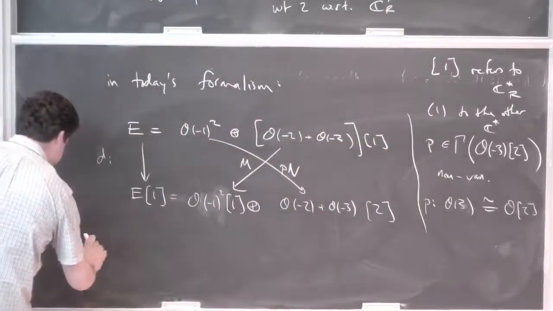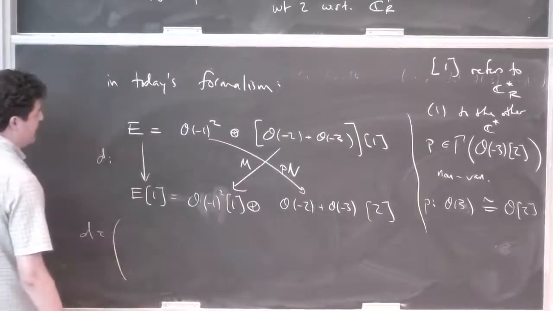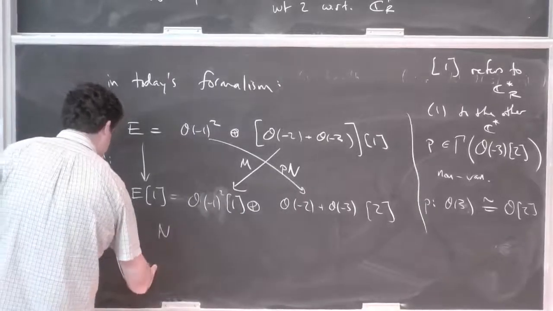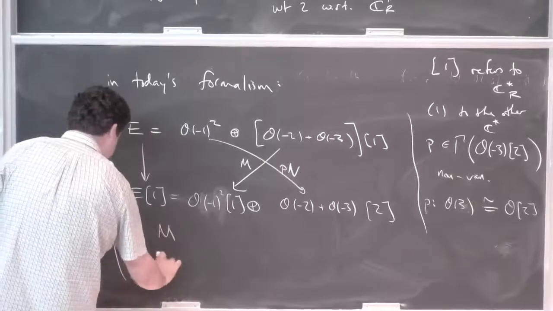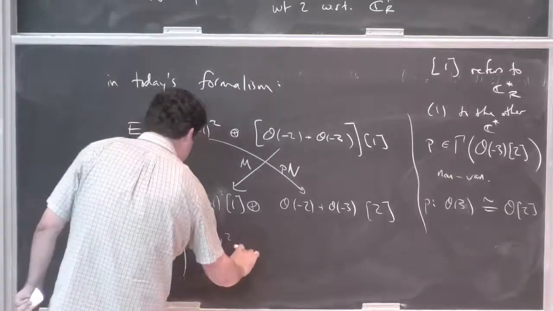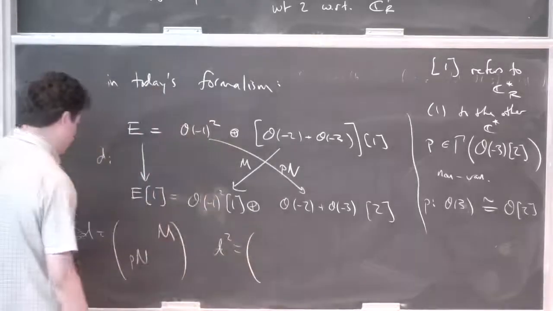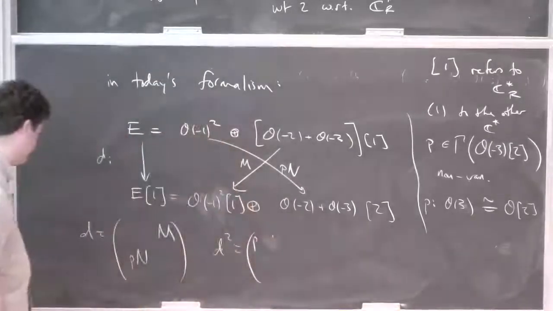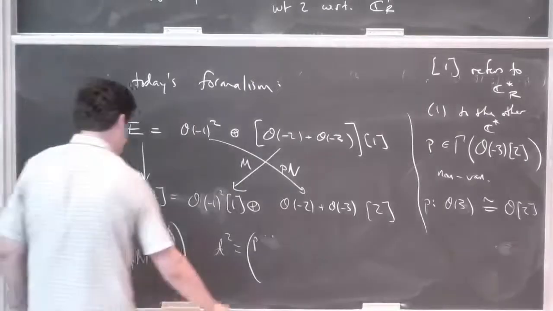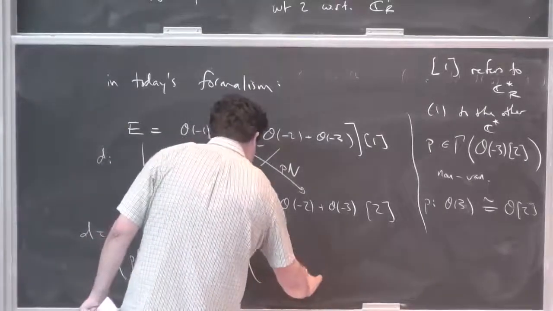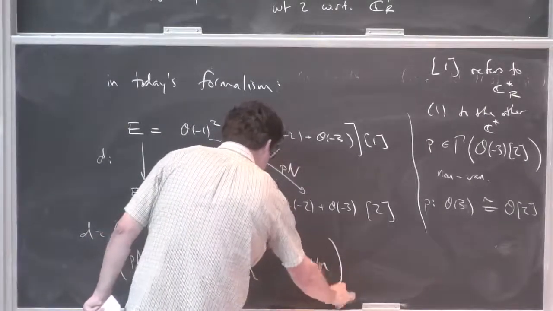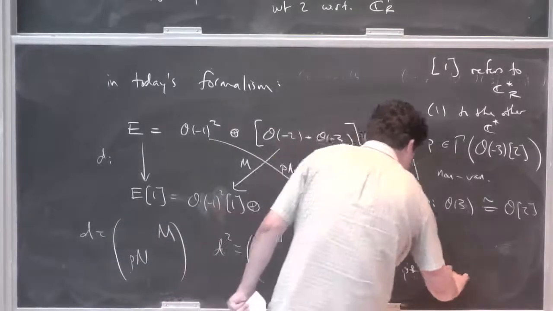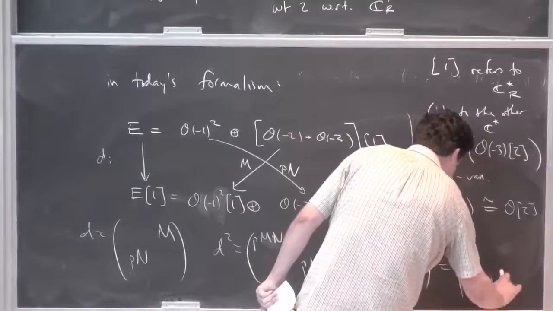So D is this matrix, M, PN, and D squared is PMN, PNM, which is PF, which is W.